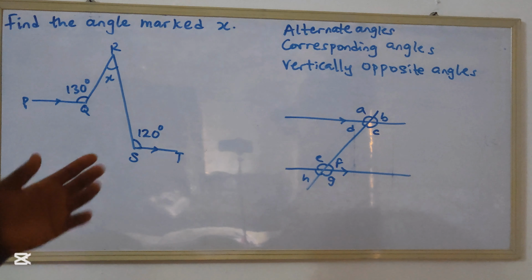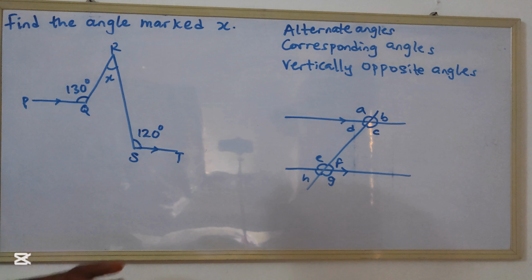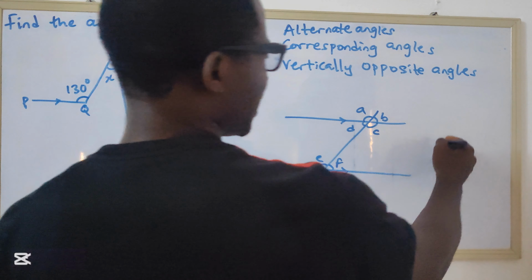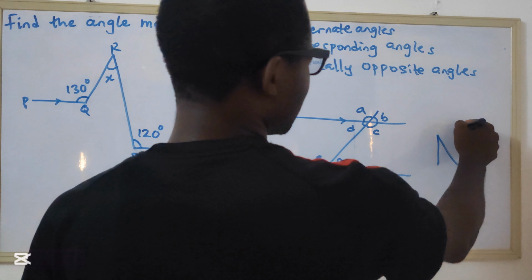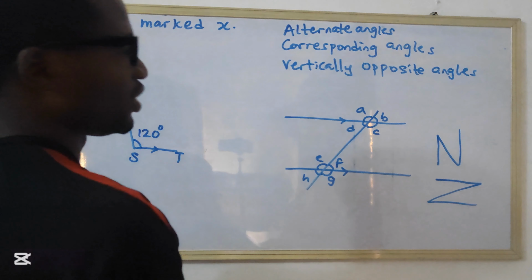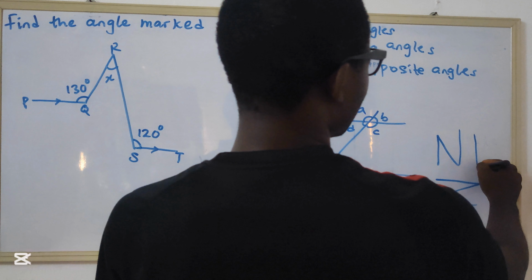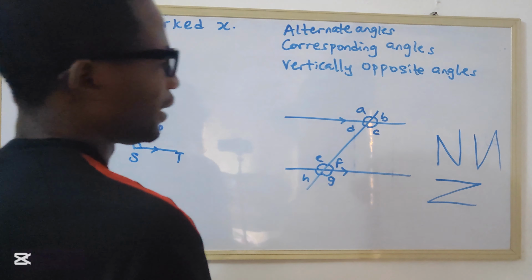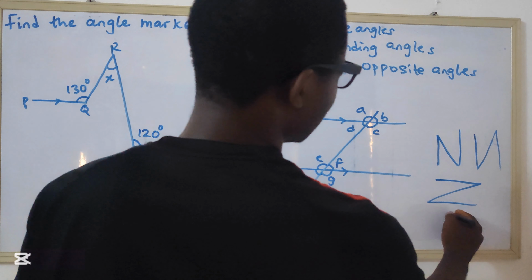Now, the first one is alternate angles. Alternate angles are angles that appear in shapes that look like N, or shapes that look like Z. Now, mind you, the N could be something like this, and the Z could also be flipped like this.